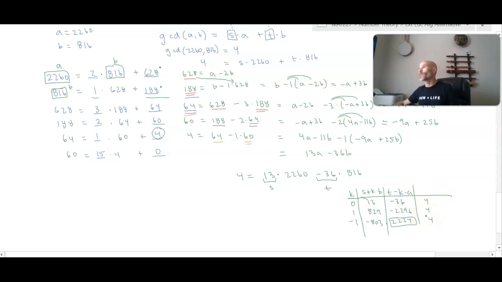So that's how we would generate results. And again, the purpose of this, as we will see in a future lesson, is that sometimes we want one of the coefficients to have a different sign than what naturally results from the extended Euclidean algorithm process. That's going to give us unique values for s and t, but we may want the signs swapped, so we have to do this generation process.